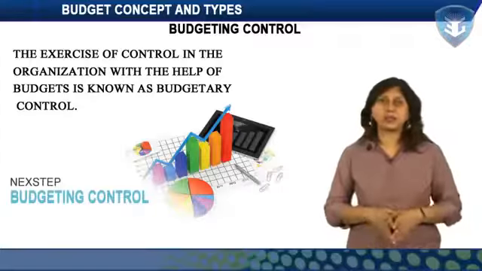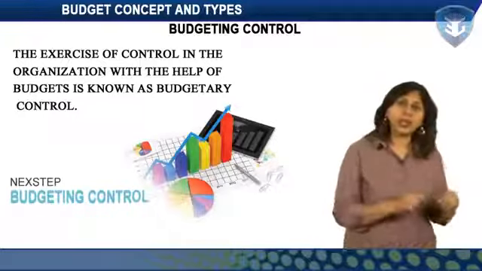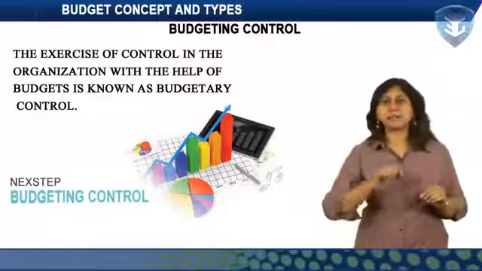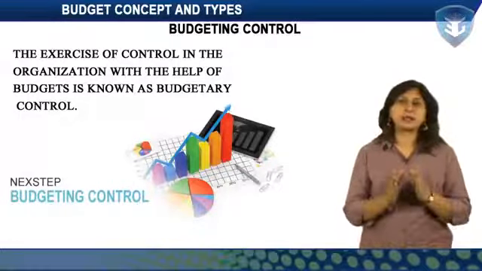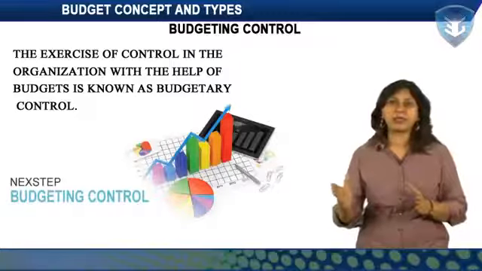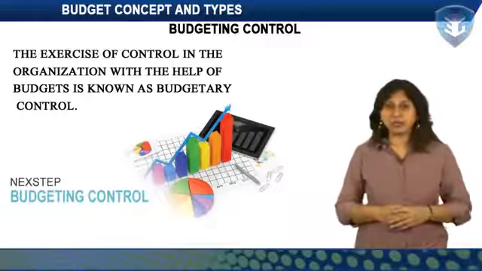Budgetary control. The exercise of control in the organization with the help of budgets is known as budgetary control. It is a system of creating budgets, monitoring progress, and taking appropriate action to achieve budgeted performance.